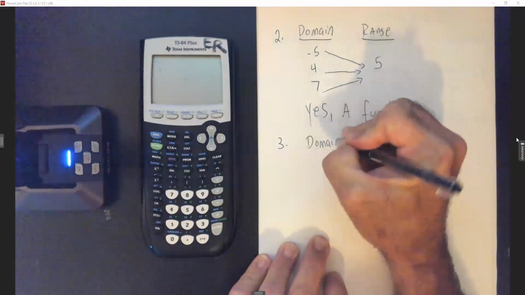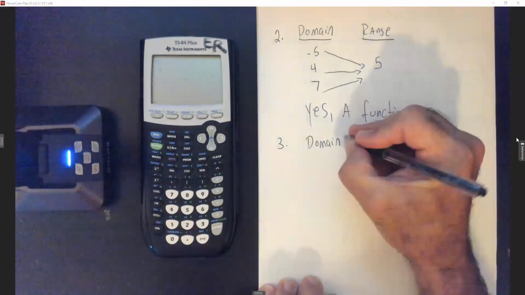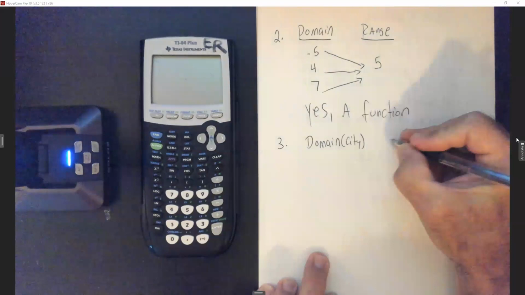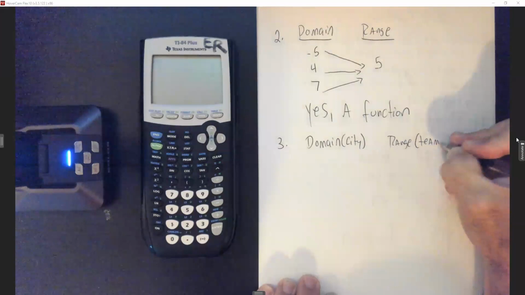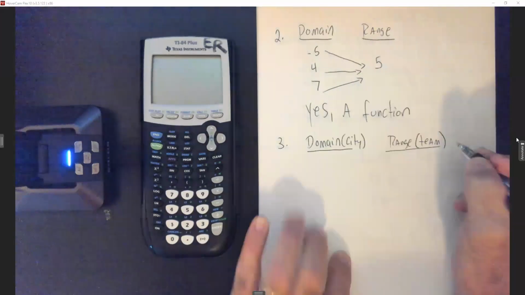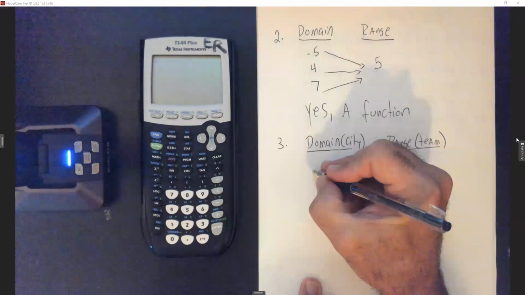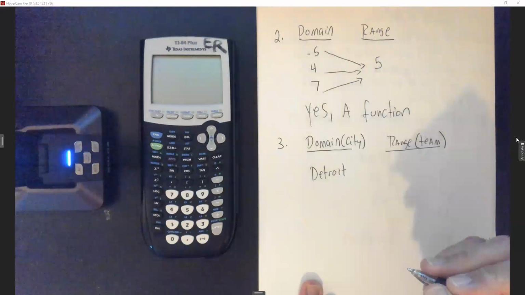All right, y'all, for this one, they're telling me my domain is going to be a city, and my range is going to be the team. Now, I got 2 cities. I got Detroit, and I got Boston.